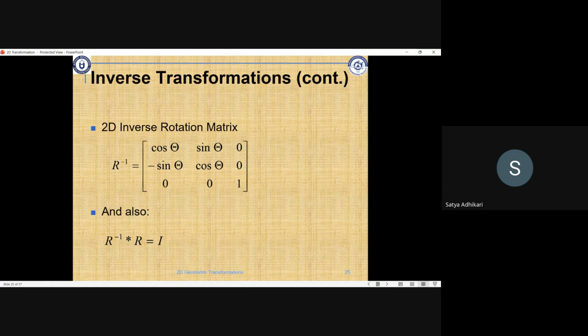So the inverse rotation matrix is here, and R inverse into R also gives the identity matrix, because you know that if A is a matrix and A inverse is its inverse matrix, then the multiplication of A and A inverse gives you a unity matrix. So here R inverse into R is I. So the inverse rotation matrix is used to retain the original position before rotating.